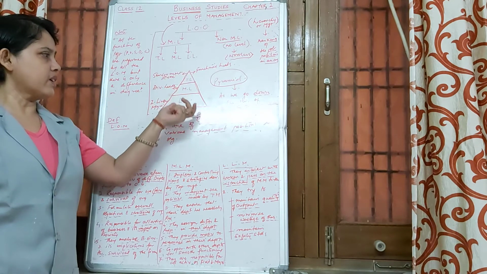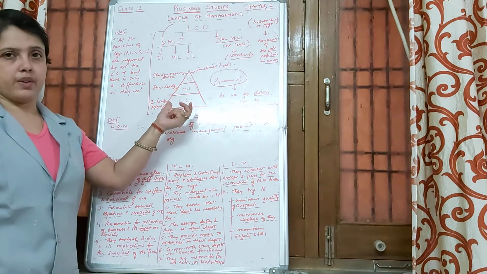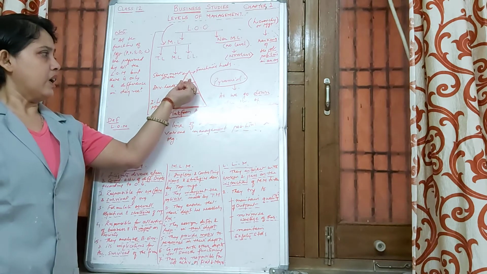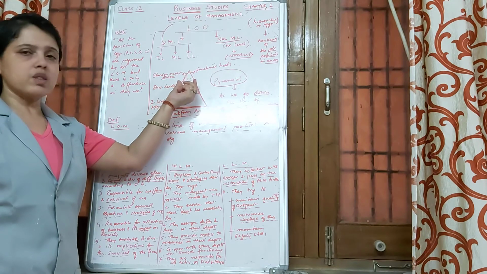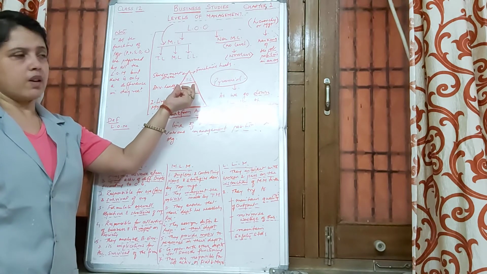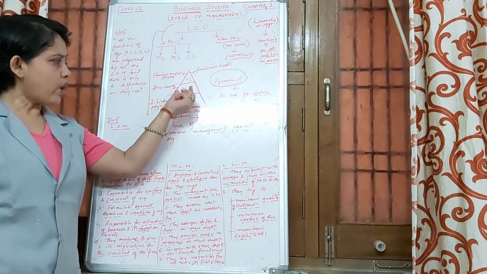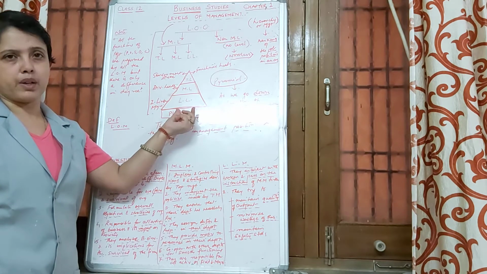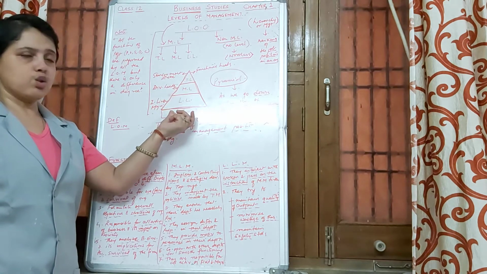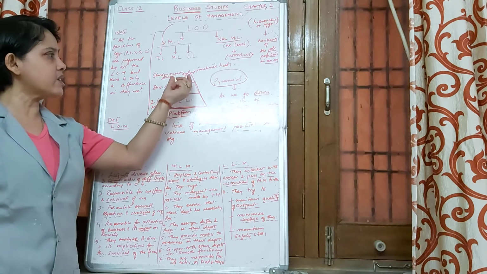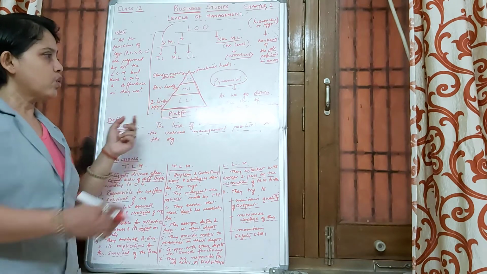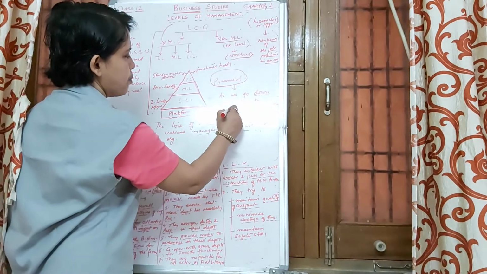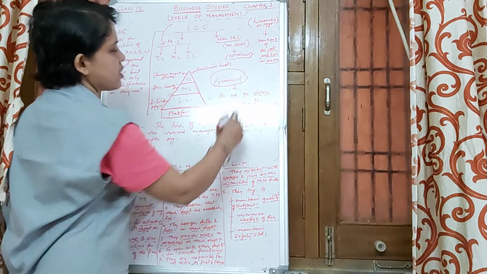So this diagram is in the form of a pyramid. If you see, the top level, the middle level and the lower level. As sometimes it is asked in the exam that why it is in the form of a pyramid. Because as we go down from top to bottom, what do we see? That the number of persons keeps on increasing.